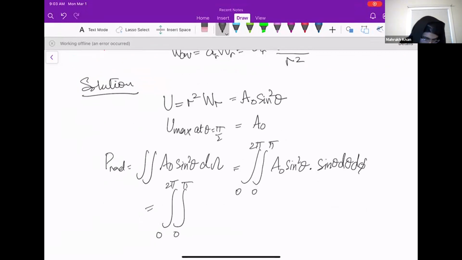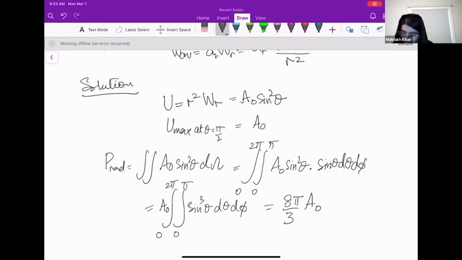So that is becoming sine cube theta. And I'm not solving the integral of sine cube theta. You can find that out. So the answer is 8 pi by 3 A naught. Okay, so it means that the integral should come about 4/3 because 2 pi is coming from phi.